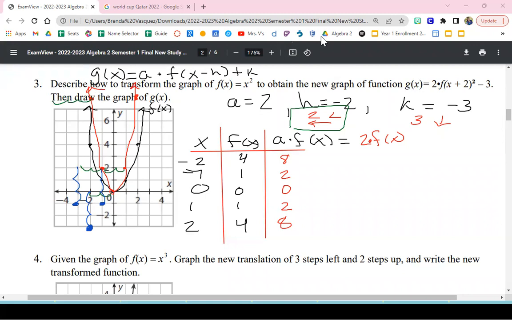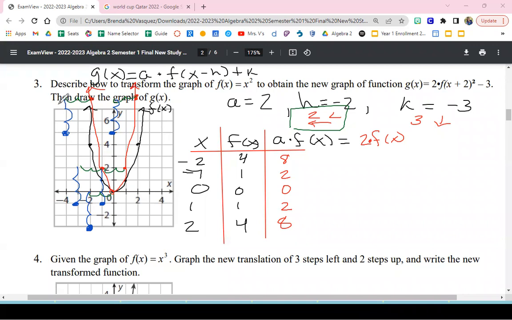No, 2. Goodness gracious, I don't know why I keep on putting 3. And then 3 down. 1, 2, and 3. Last point. 1, 2, and 3 down. 1, 2, and beautiful 3.